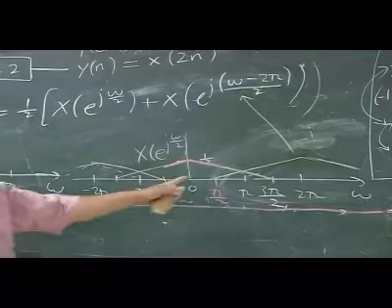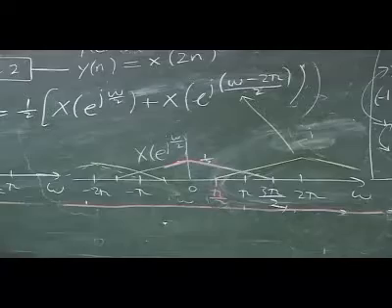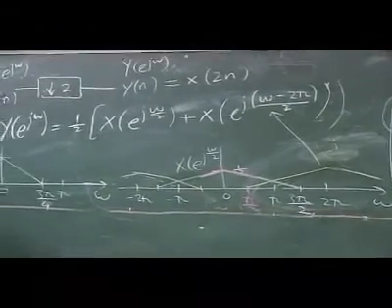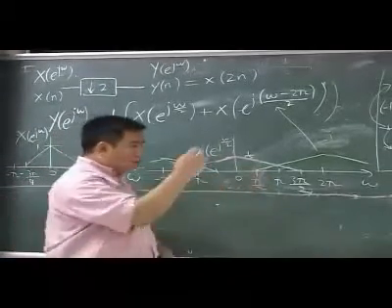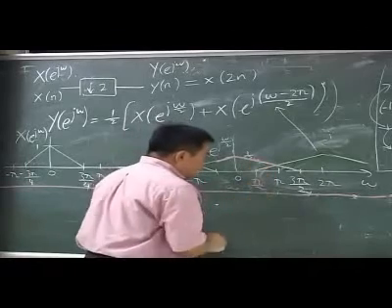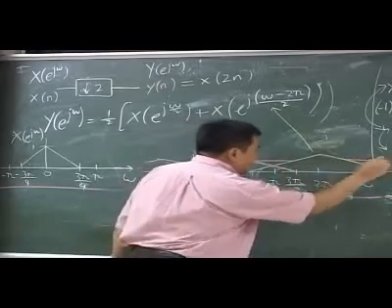What happens from pi over 2 to 3 pi over 2? It'll be a straight line, right? If you add 2 straight lines, you get a straight line. And you know the ending of the straight line. So it starts here, and ends right there. So it's like that, and so on.